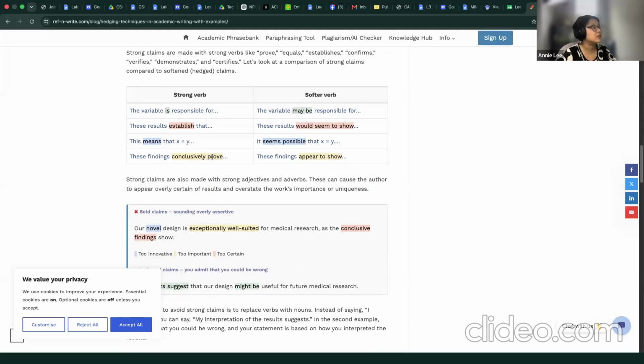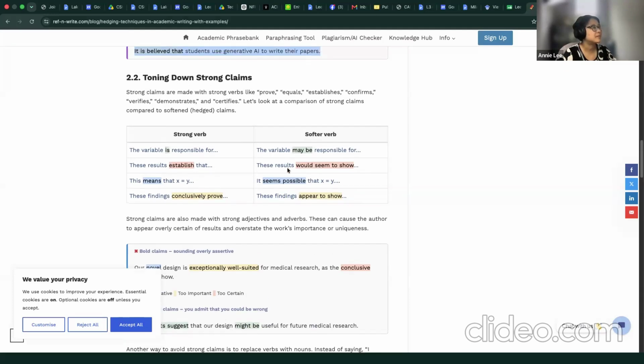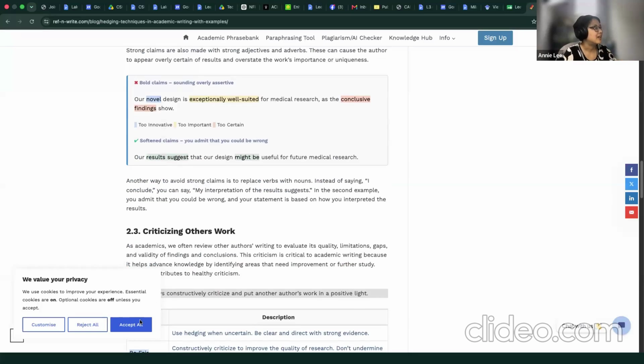These findings conclusively prove, appears to show, instead of looking at something very strong, this is very wishy-washy. When you say something, say it, right? Don't say maybe, perhaps, I wish, very wishy-washy.